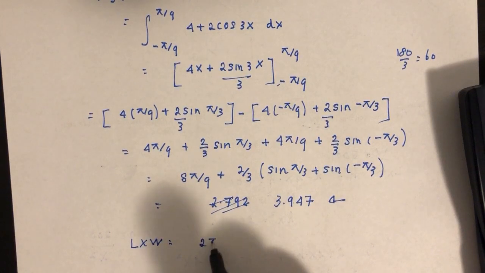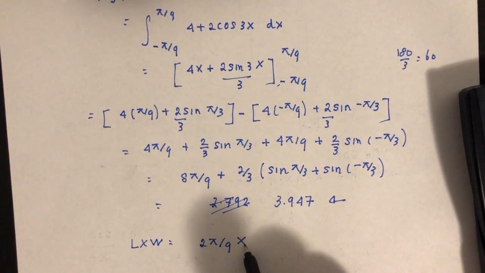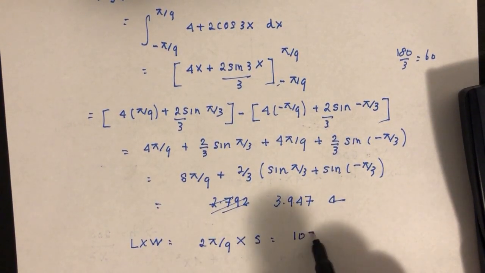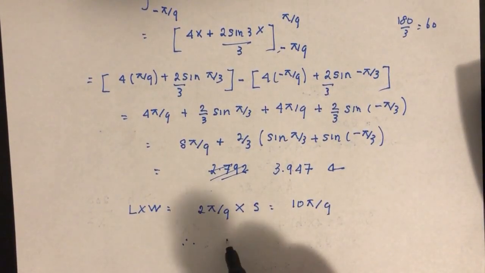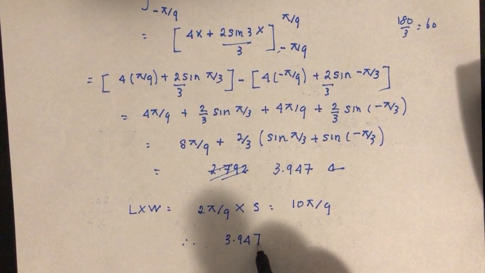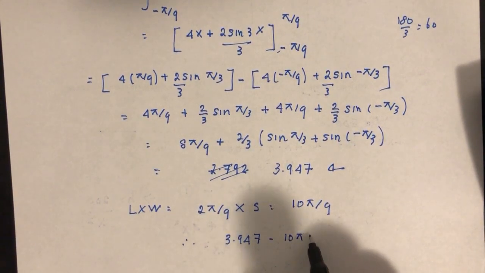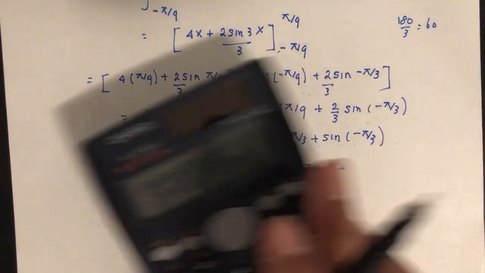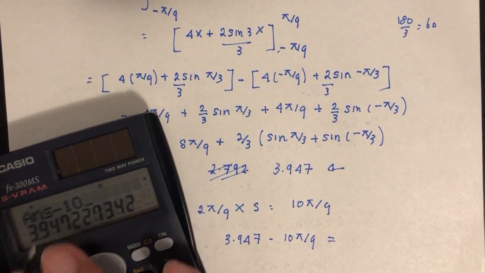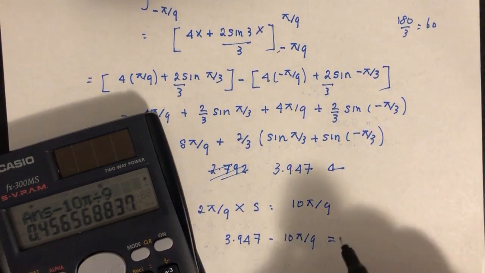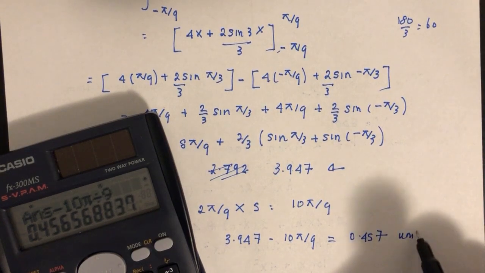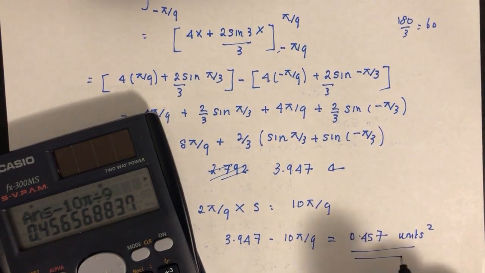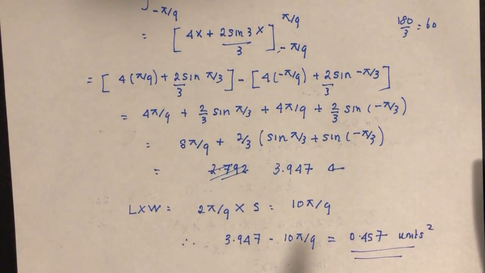The length was 2 pi by 9 times width 5. That will be 10 pi by 9. So the area will be 3.947 minus 10 pi by 9. This will give you 0.457 units square, the area of the region.